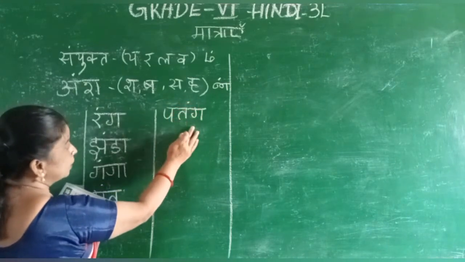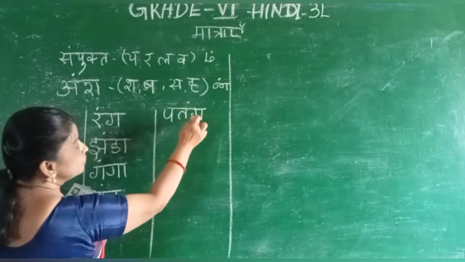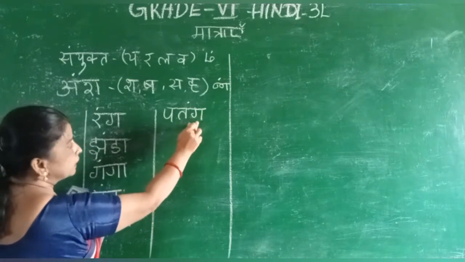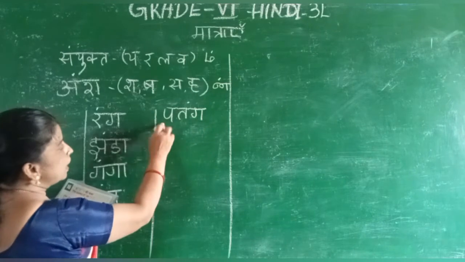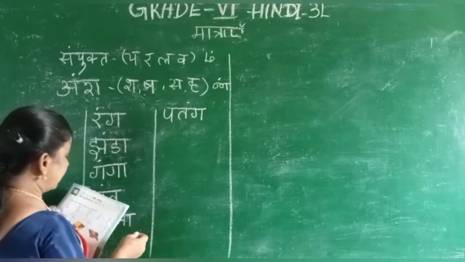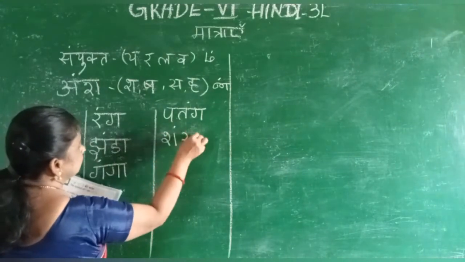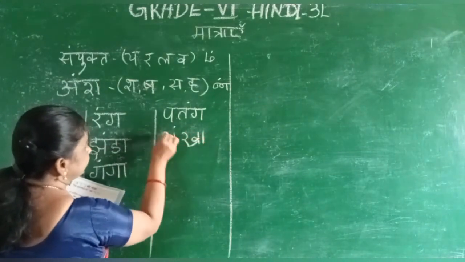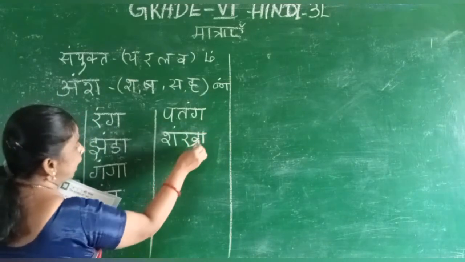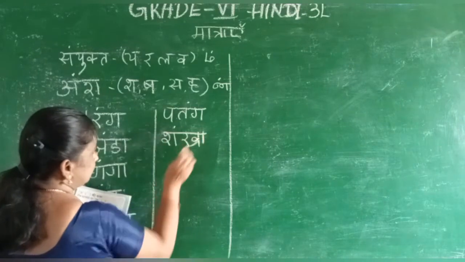So how to pronounce? After the dot only we have to concentrate on which letter came. So ga: pa, ta, ing, ga, patang. And next one, sha. After the dot, which letter? Ka. So ing sound. Sha, ing, ka, sanka.